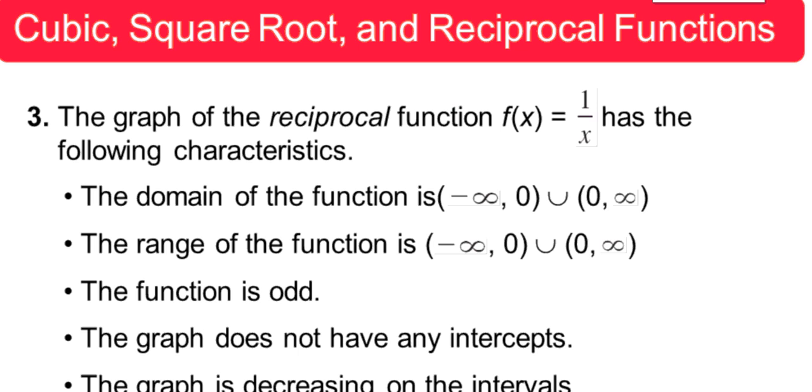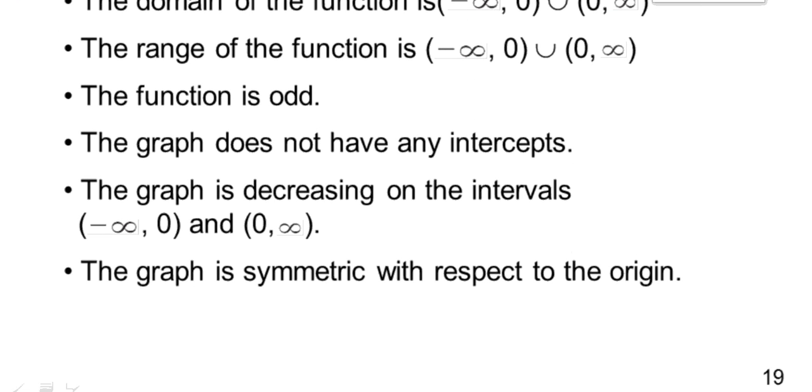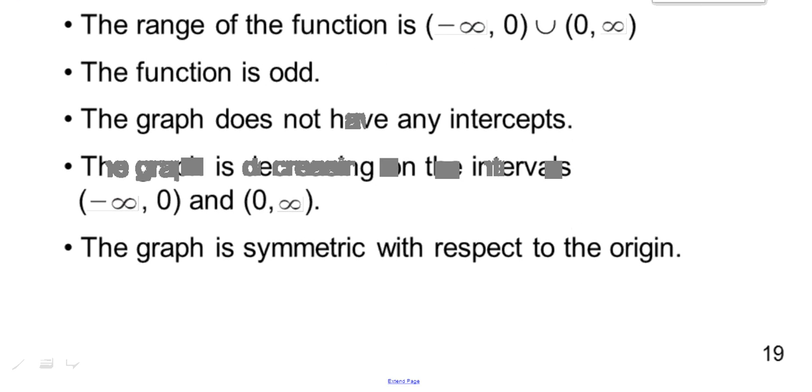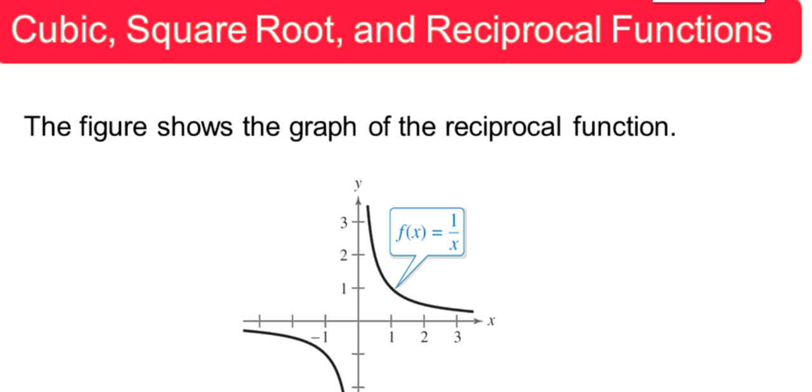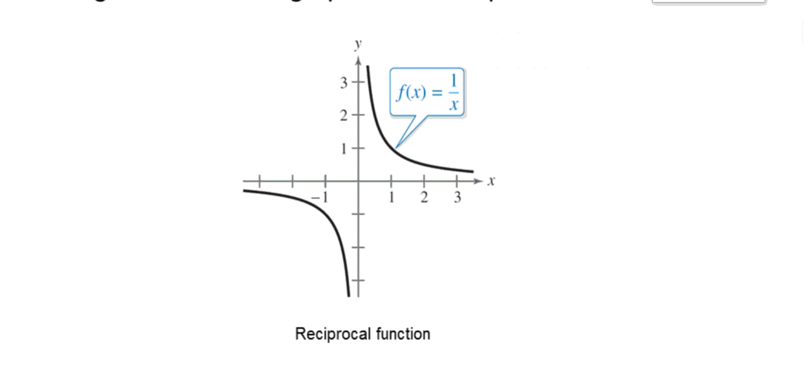And the reciprocal function, domain negative infinity to 0, union 0 to infinity. Range is the same, odd, no intercepts, decreasing in the interval that is the domain, and symmetric with respect to the origin. And there is the reciprocal function.